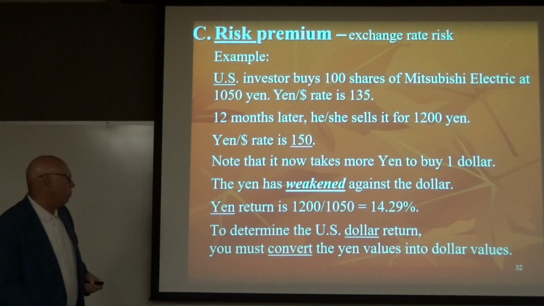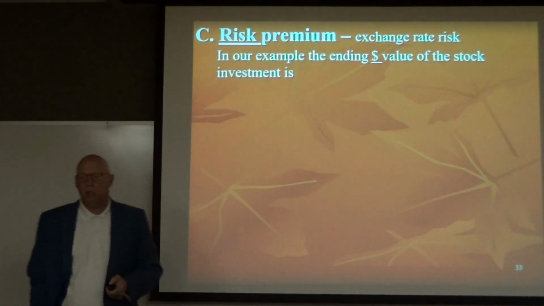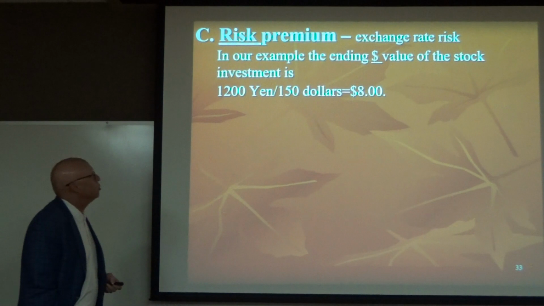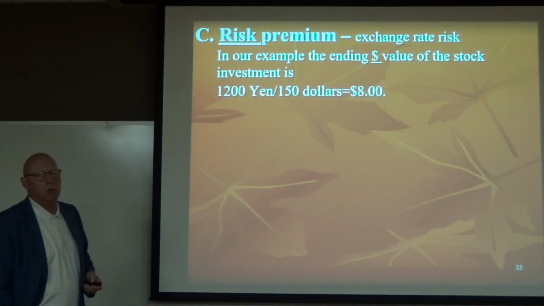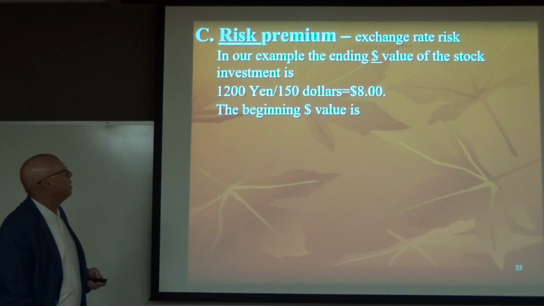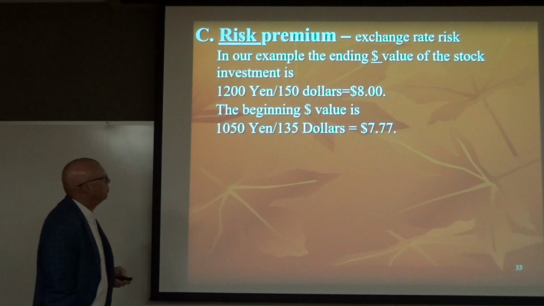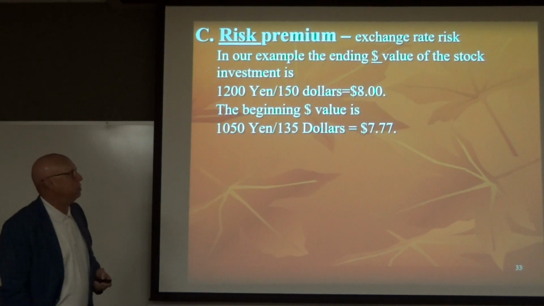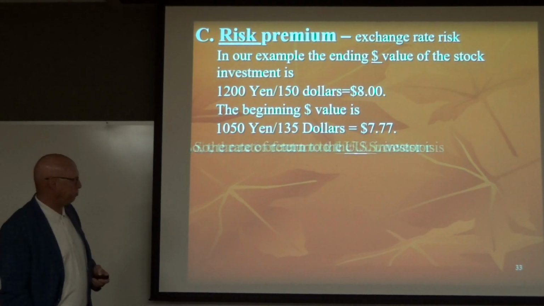So you have to convert the yen values into dollar values. Let's look at this. The ending dollar value of the stock investment is 1,200 yen divided by 150, $8. The beginning dollar value of our stock was 1,050 yen divided by 135, $7.77. You starting to see what I'm talking about here?